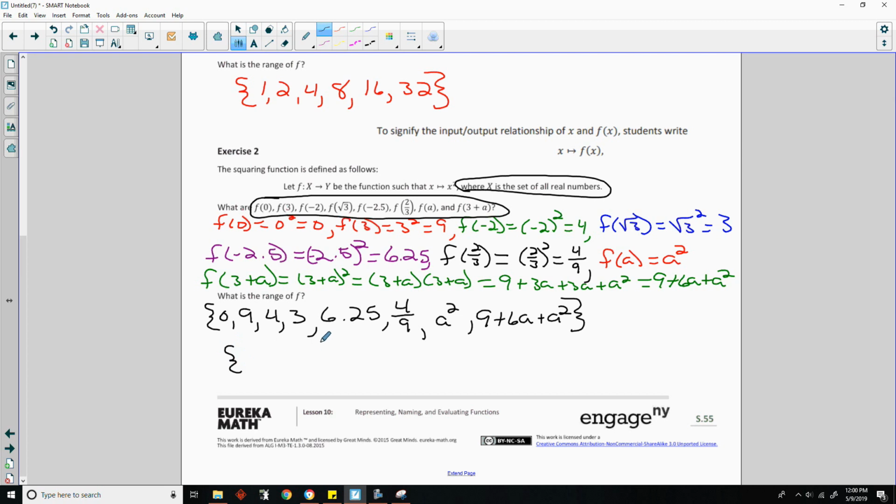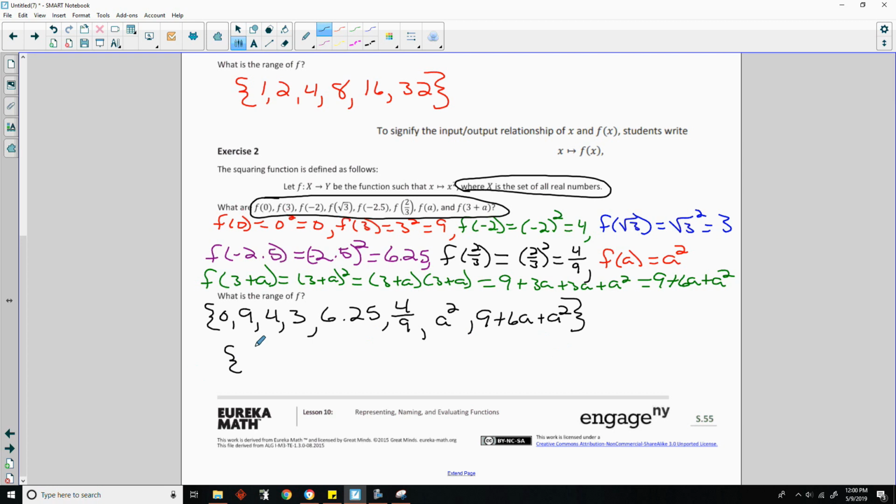the set of all real numbers that are greater than or equal to 0. And the way I could write that is 0, comma, 1, comma. No, it wouldn't just be integers. So what is a number called on the number line that is 0 and greater?